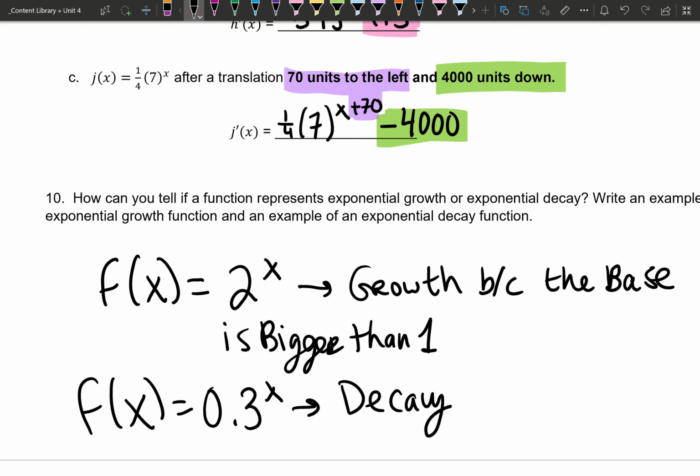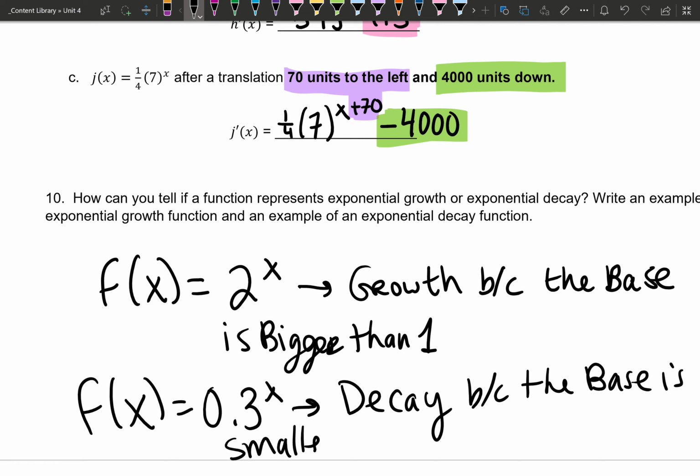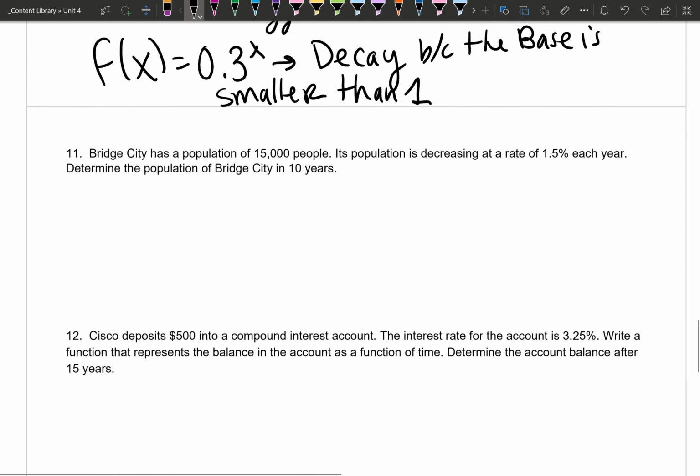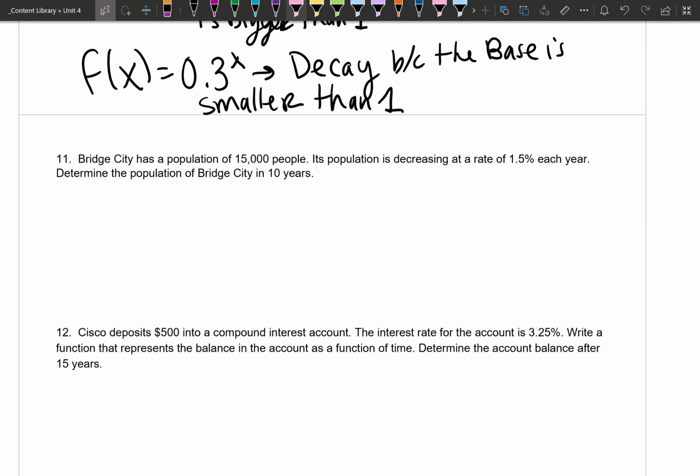And let's do 0.3 to the power of x, which is decay, because the base is smaller than 1. Another way you can tell is if there's addition going on inside the parentheses, that's growth. If there's subtraction, it's decay.